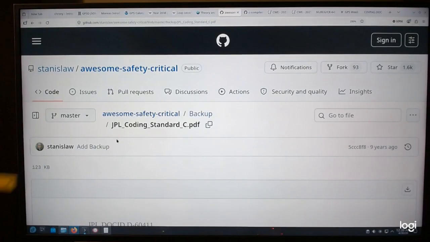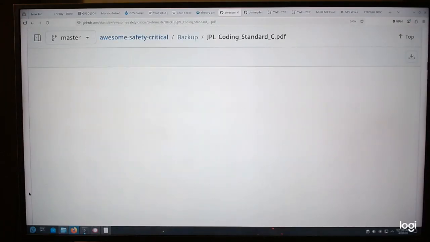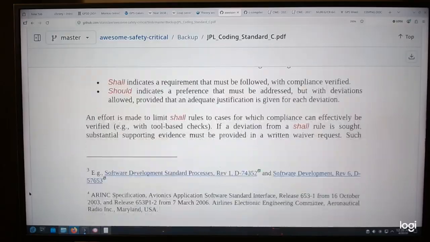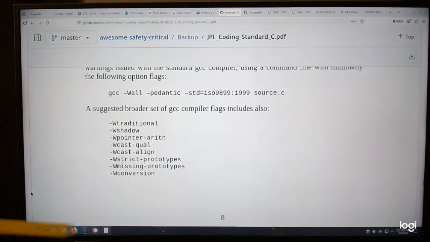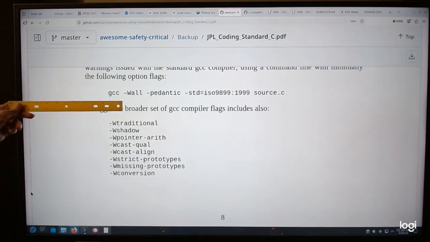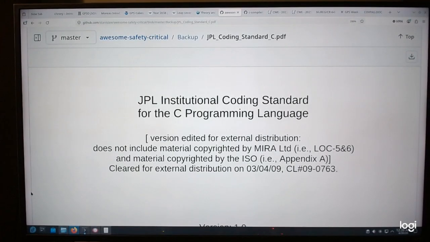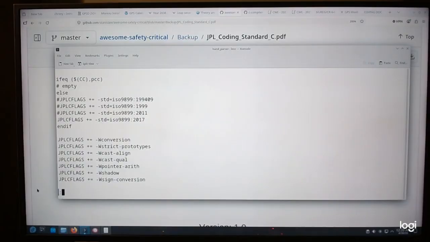The JPL coding standard, I believe it's on page 8 of the JPL coding standard. Kind of go down to page 8. There it is, see, bottom of page 8 right here. Those are the flags I'm talking about, the JPL C flags.